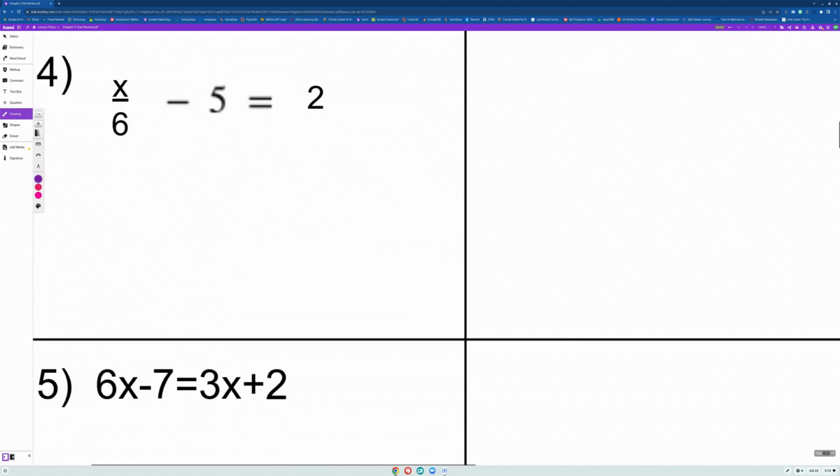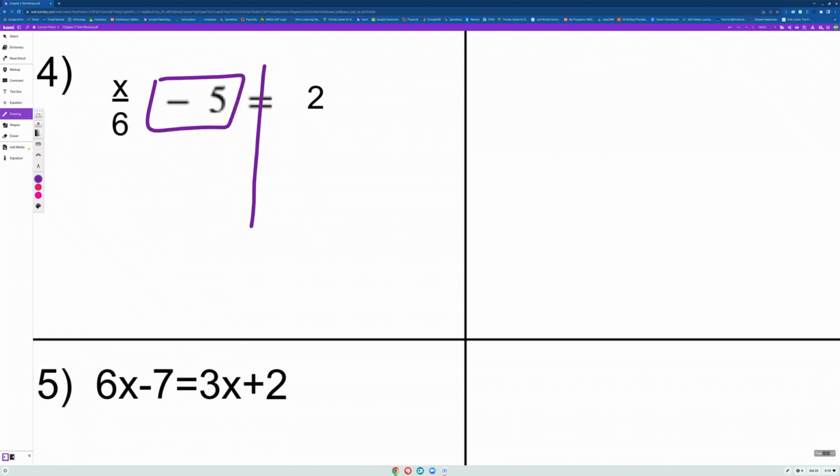For number 4, I have x over 6 minus 5 equals 2. Again, I can't touch my x over 6 yet because there's a negative 5 in the way here. To get rid of that, I first need to add 5 on both sides.